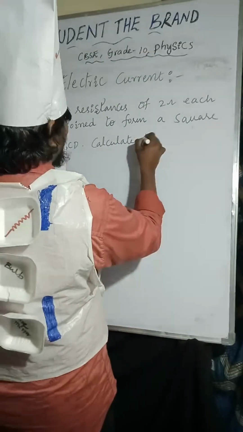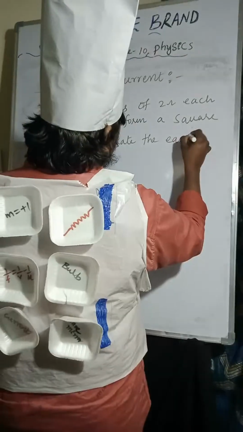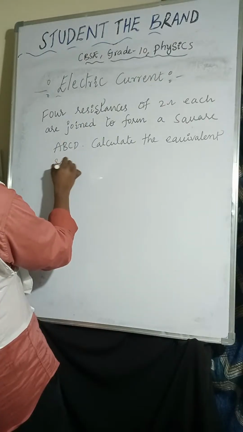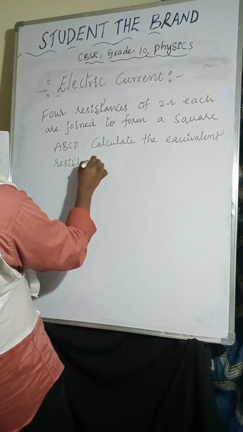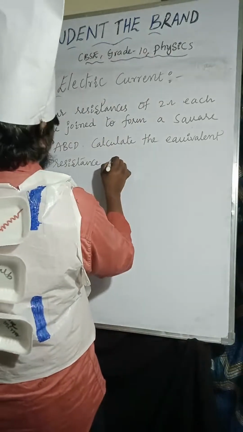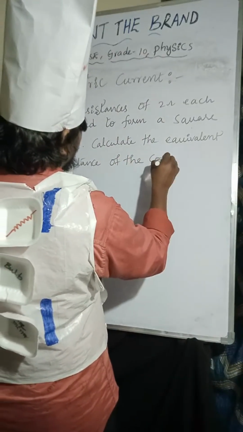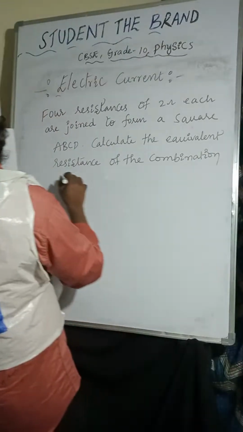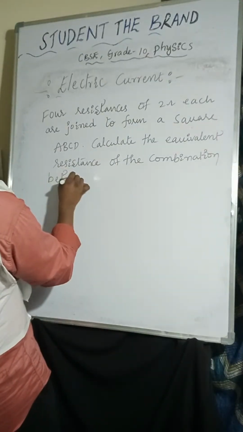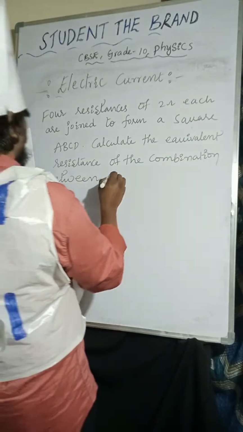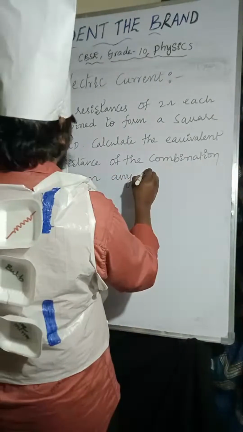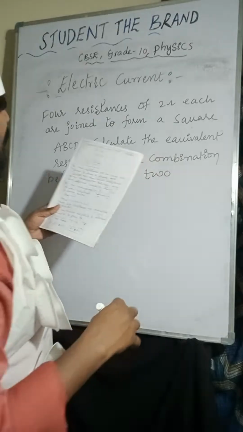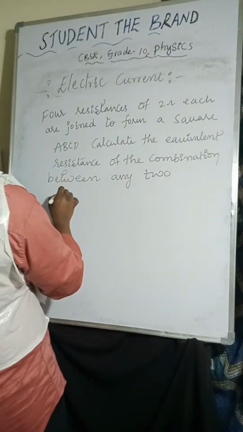Calculate the equivalent resistance of the combination between any two adjacent corners.